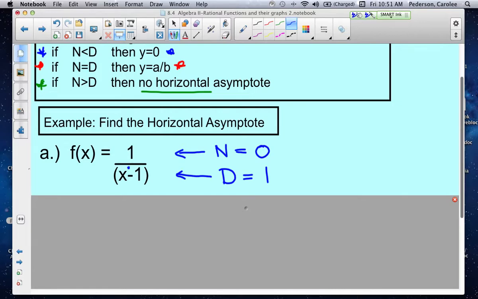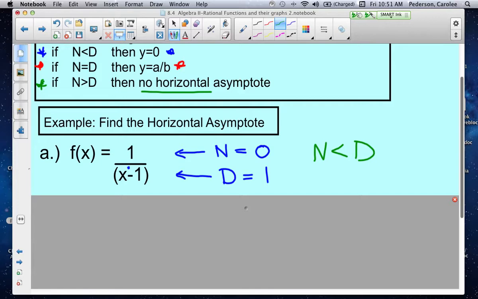Now we have to look in our chart above in that box. Is our degree of the numerator less than, equal to, or greater than? Well, it is the first one in the blue. The degree of the numerator is smaller than the degree of the denominator. 0 is smaller than 1.